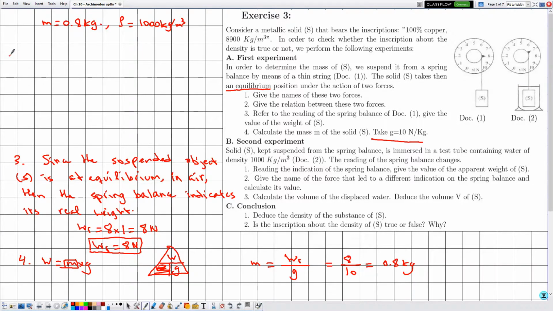Let's justify why the spring balance is indicating the apparent weight.